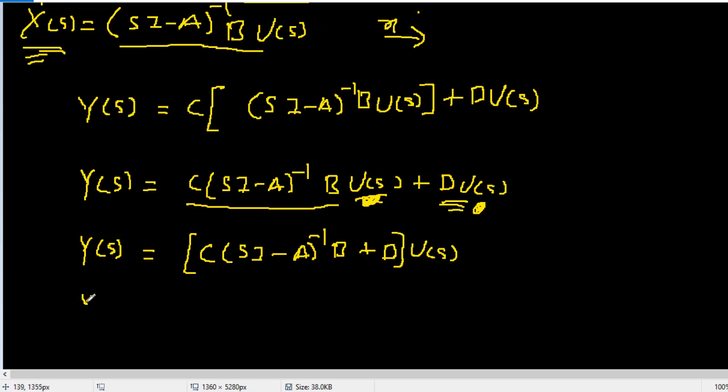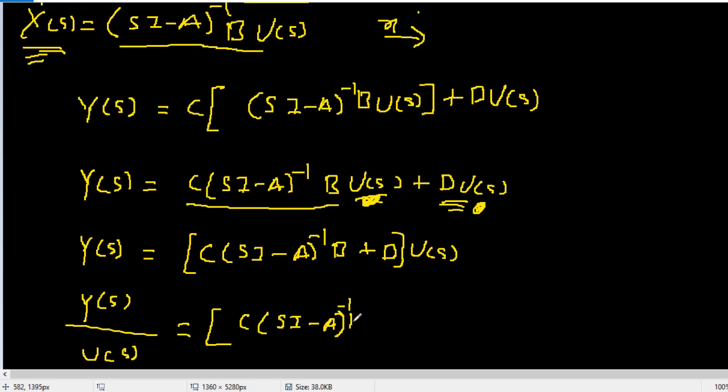Now write down this equation. This gives the transfer function of the state model. This is the standard equation of any state model in terms of the transfer function.